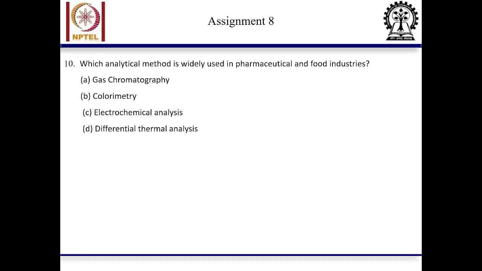Anyone else? Okay, so basically you have already been studying this for the past two weeks. What is the differential thermal analysis?